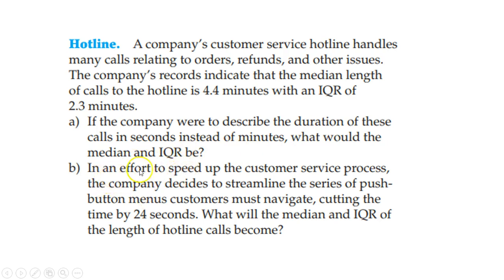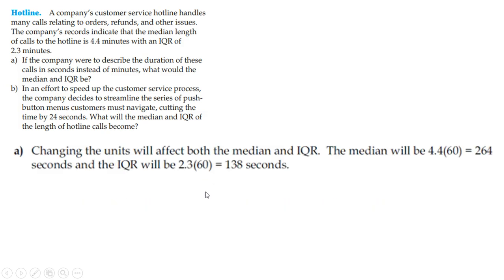But in Part B, it says, in an effort to speed up the customer service process, the company decides to streamline the series of push-button menus customers must navigate, cutting the time by 24 seconds. What will the median and the length be? All right, so if they're cutting it, I believe they're talking about subtracting 24 seconds from it. So taking a look at this, in Part A, I'm changing the units, either to multiply or divide, and it turns out I'm multiplying because I'm changing it into seconds.